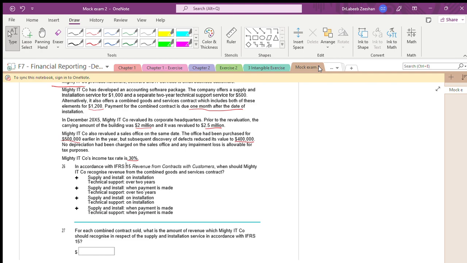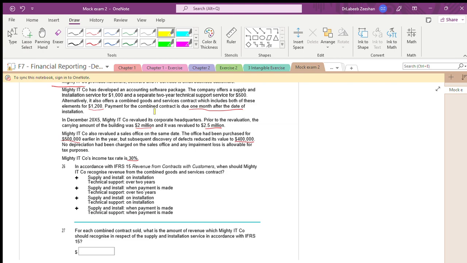Can you repeat it again? What they are asking, see the thing, is when we have to recognize the revenue. They revalued sales.